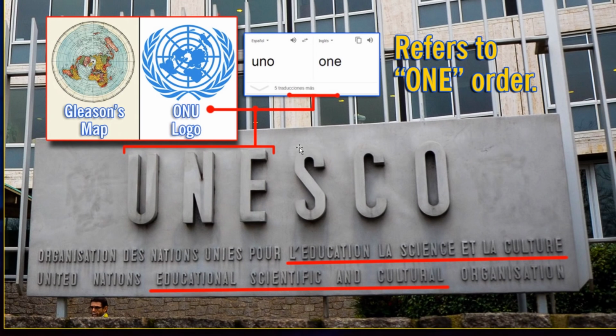I like to study the words, because in the words you're going to have a lot of symbology, and all the time these guys are referring to the one order, the one world, the one institution.